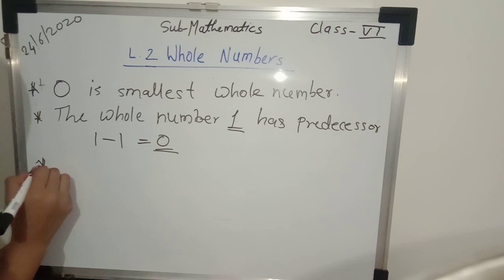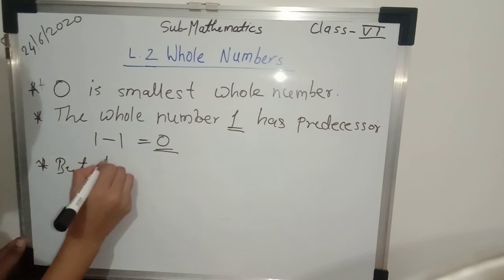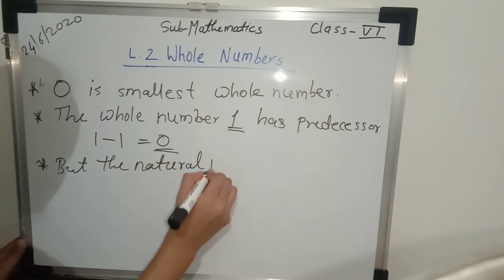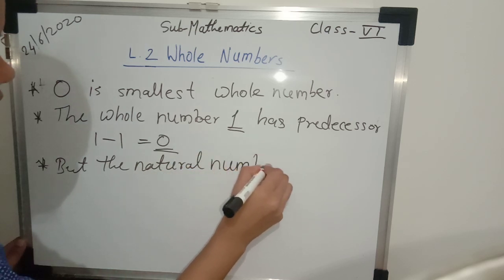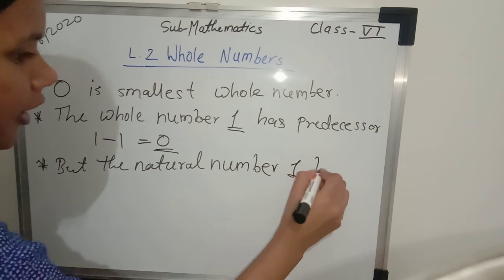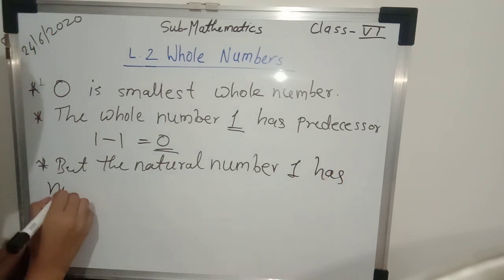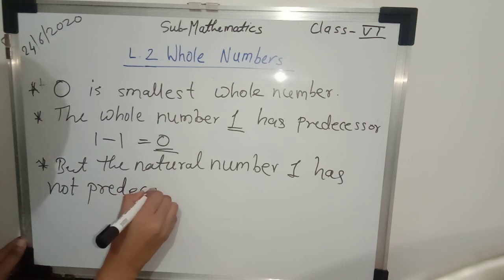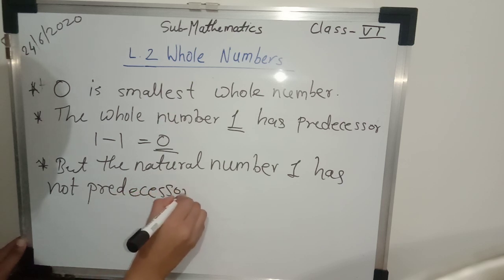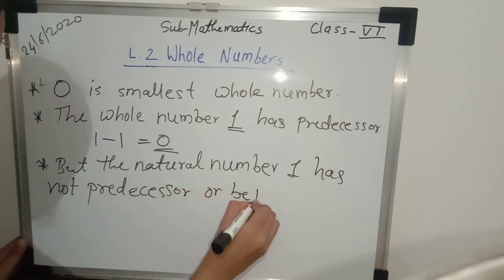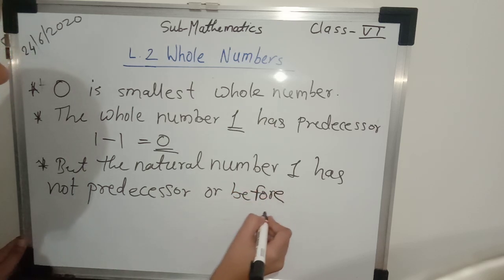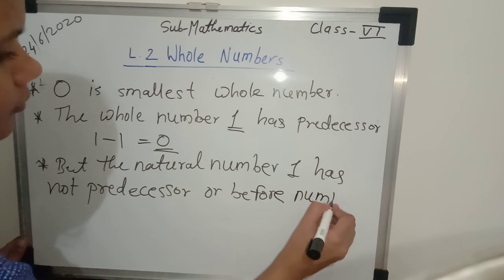But the natural number 1 has no predecessor or before number, because in natural numbers 0 is not there.